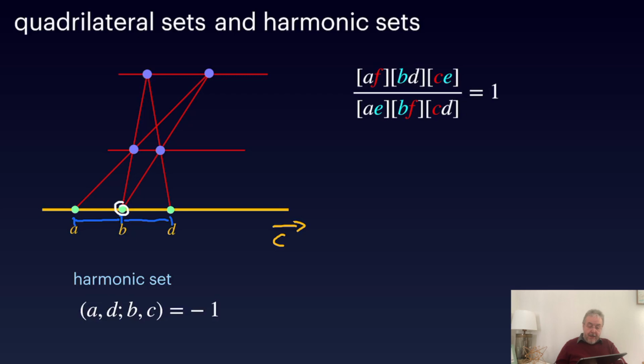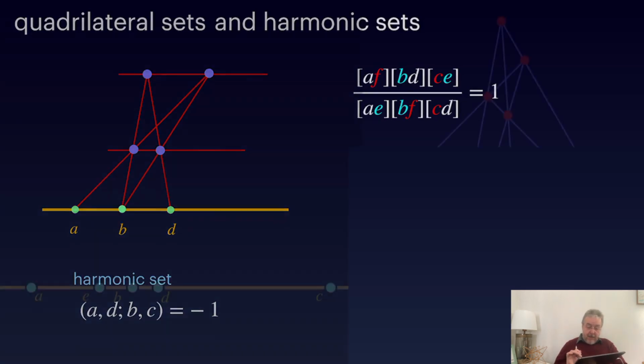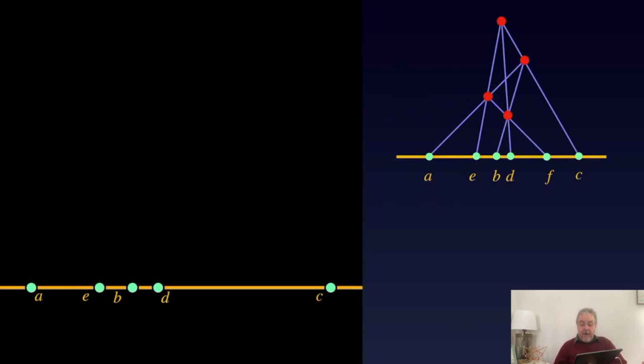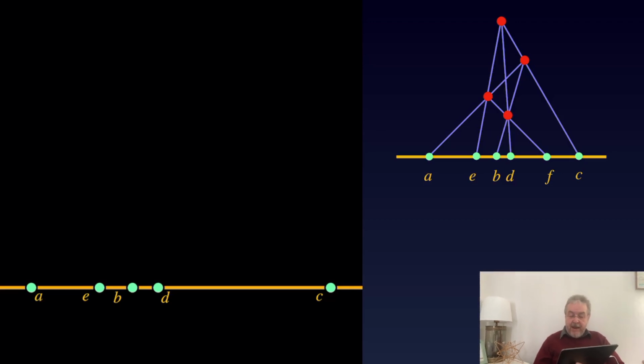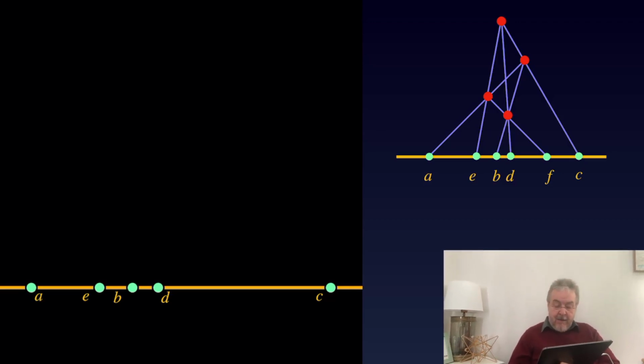So harmonic sets can really be used to construct midpoints in the standard embedding in a purely projective manner. So let me end this lecture with a little dynamic picture and exercise. I just want to show you how to construct a point in the quadrilateral set if 5 of the other points are given.